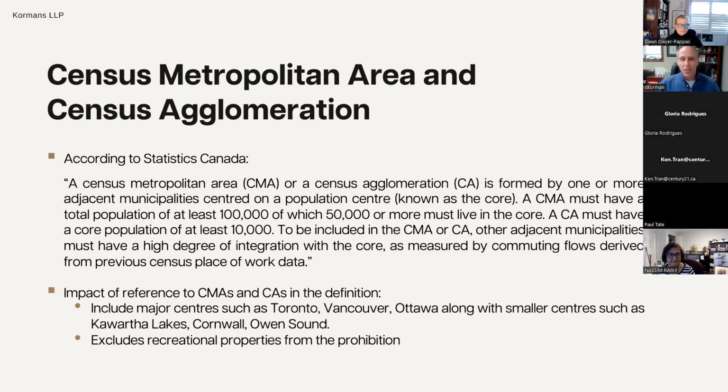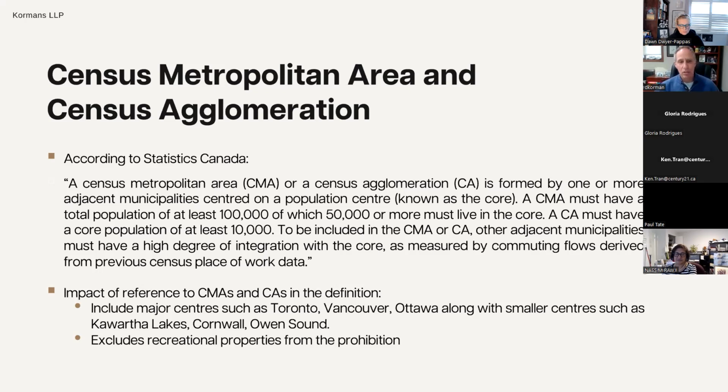Basically, they're trying to say areas that are heavily populated, like big urban centers, are going to be considered part of this. So if you're outside of these big urban centers, then you might fall under an exemption. If you're some recreational property way up north, outside these defined terms of the CMAs or the CAs, then you're outside and you'll probably fall into an exemption.